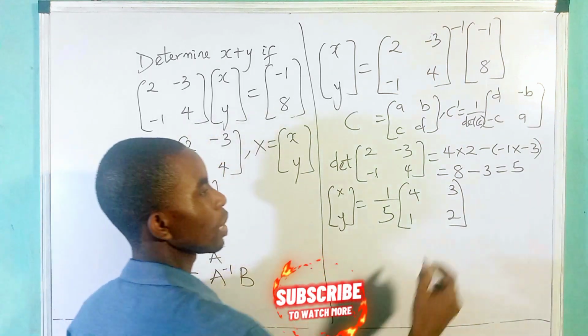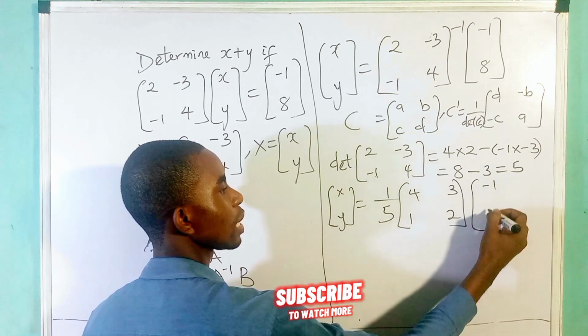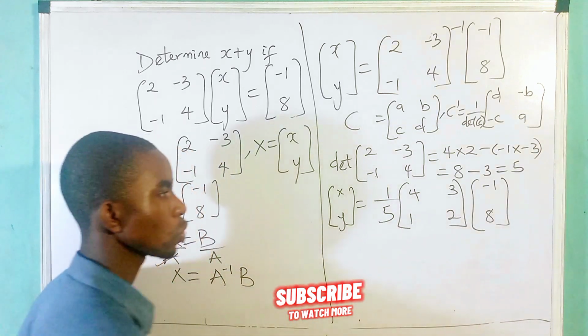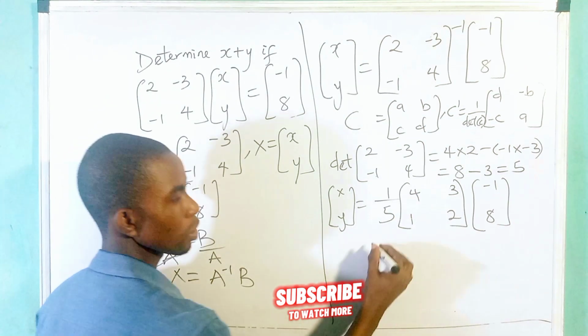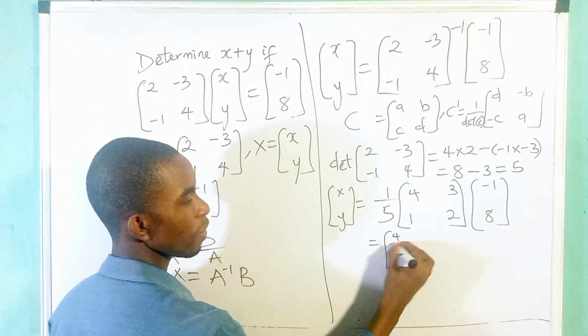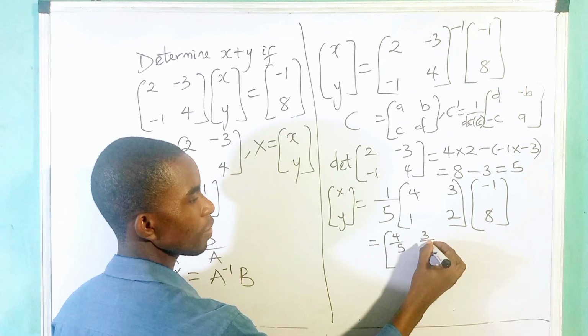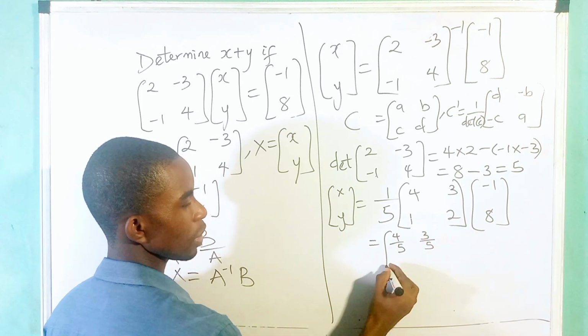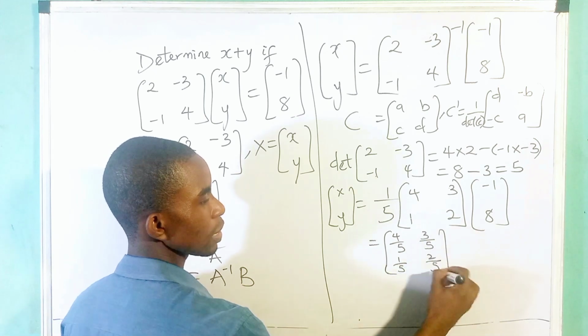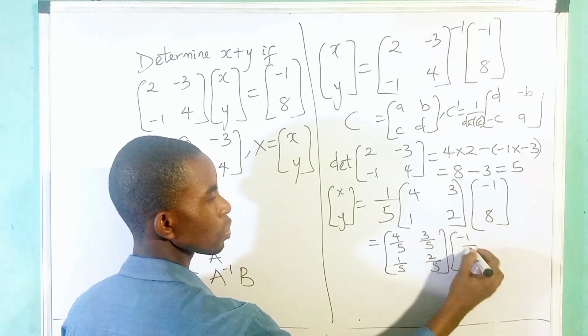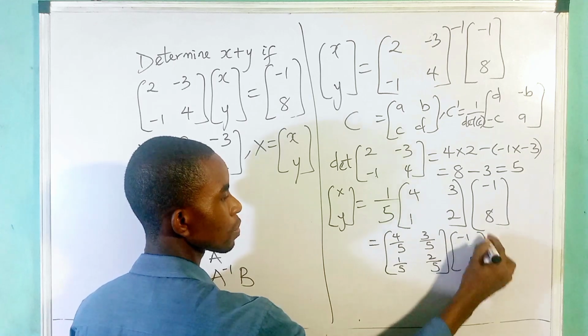All right, and then we still have -1 and 8 here. So I'm just going to divide everything here by 5. So I have 4 over 5, 3 over 5, and then we have also 1 over 5, 2 over 5, and this is multiplying -1 and 8.